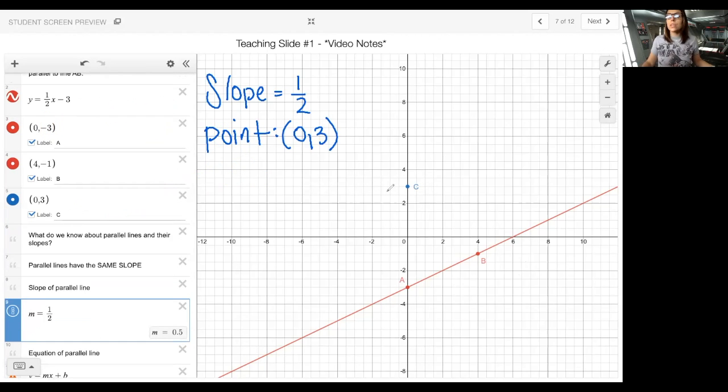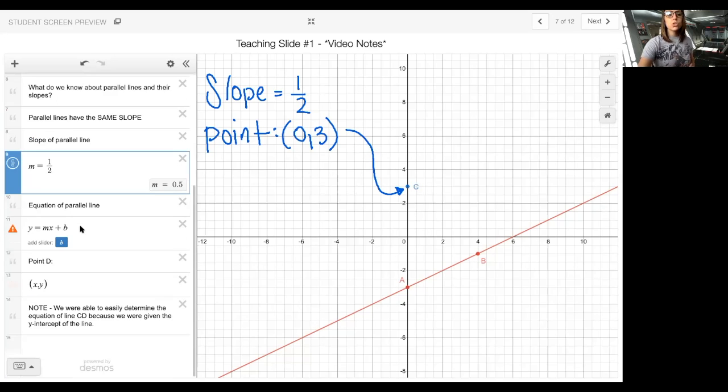So now that I know the slope of this parallel line is 1/2 and the point is 0,3, wait a minute, the point that I'm given is not just any point. This is the y-intercept. So that means I can take this information and put it straight into slope intercept form.